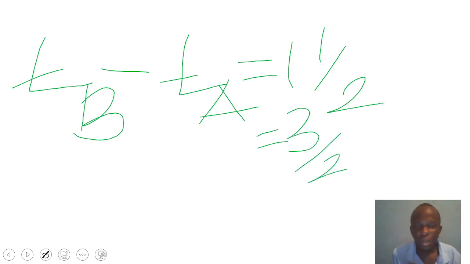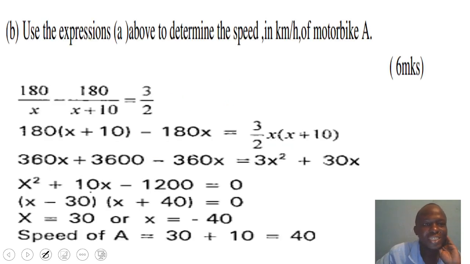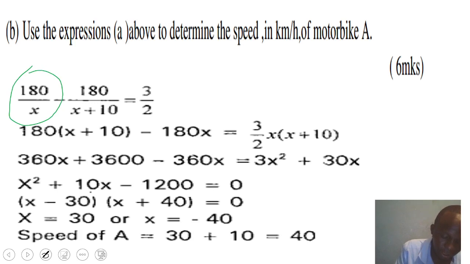Now, after figuring out that, we go back to the solution. So, in the solution that has been provided, this is our TB, and this is our TA.